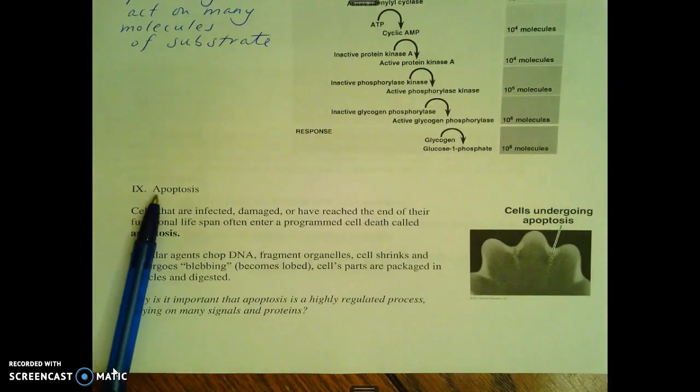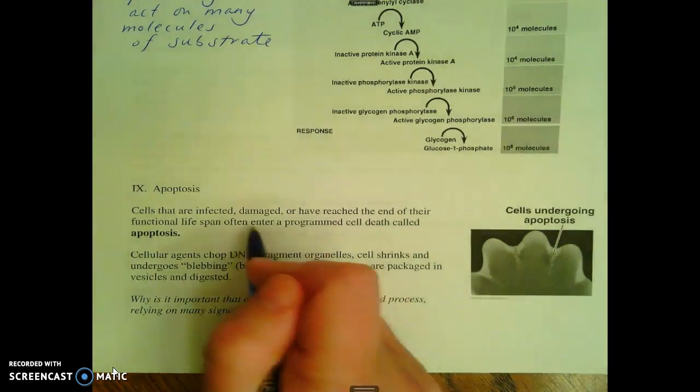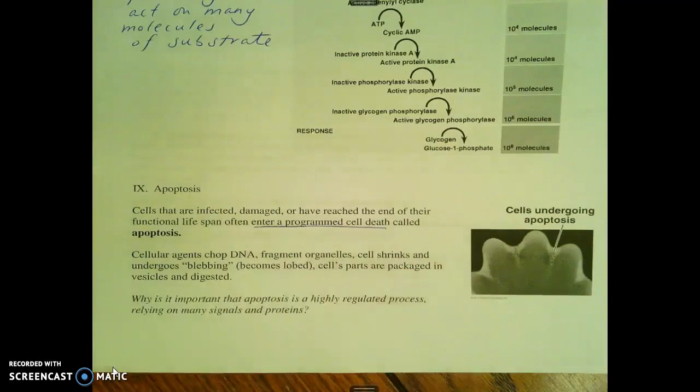Finally, we've got an instance where highly regulated cell communication is really important, and this is called apoptosis. Cells that are infected, damaged, or have reached the end of their functional lifespan do need to enter a programmed cell death. They've run their course, and they do need to be broken down through apoptosis.